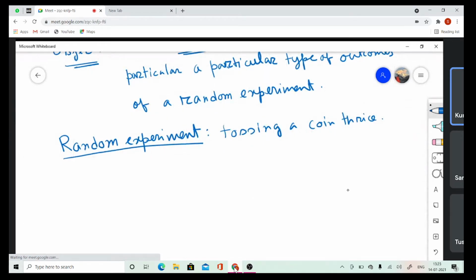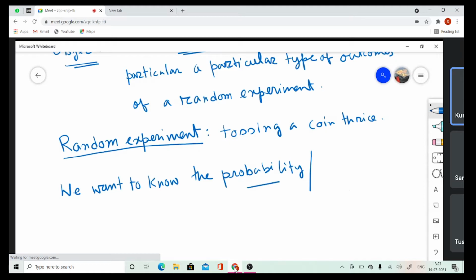And we want to know the probability, or we may call it the manifestation or evaluation, whatever it be. Manifestation is a more technical term of the chance.